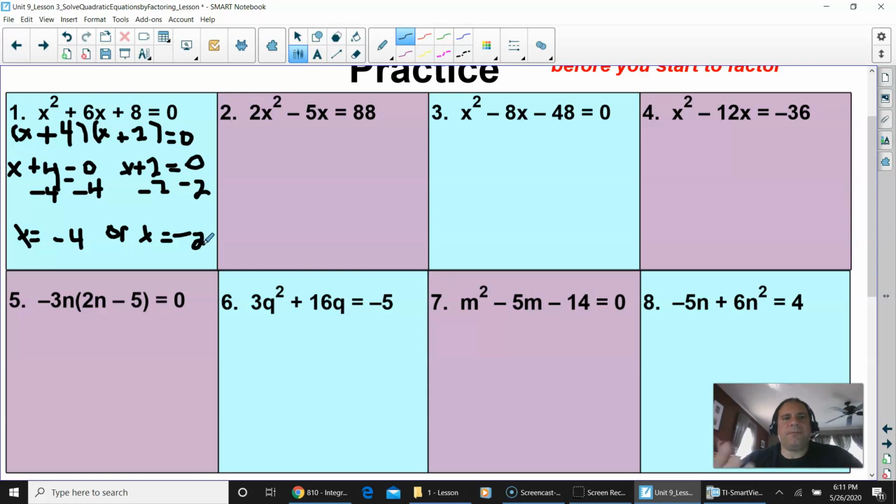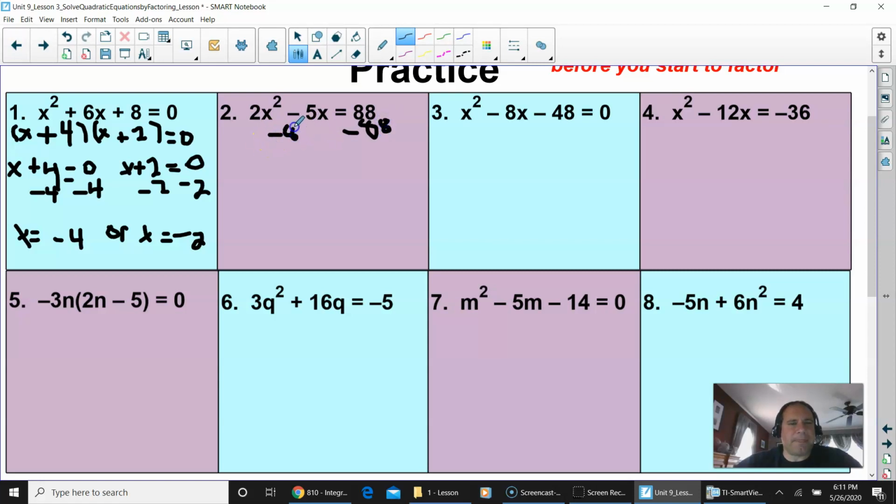Number 2, remember, is not in standard form, and it is not equal to 0. So remember that 88 needs to be moved over to the left-hand side. So how would you take this 88 and push it over there? Inverse operations, of course. So we have subtract 88 on both sides.